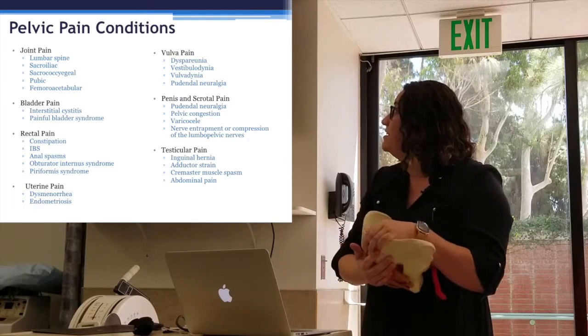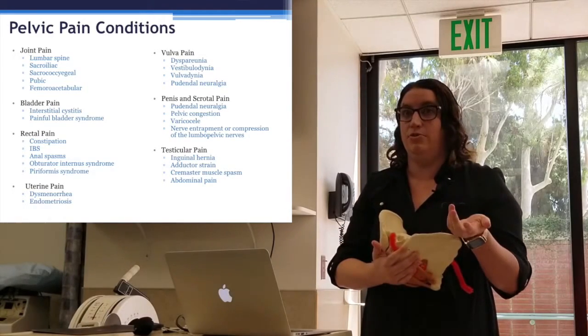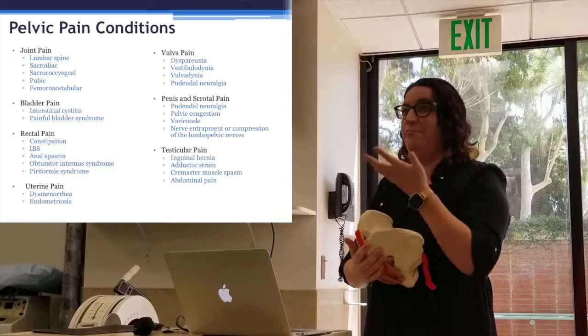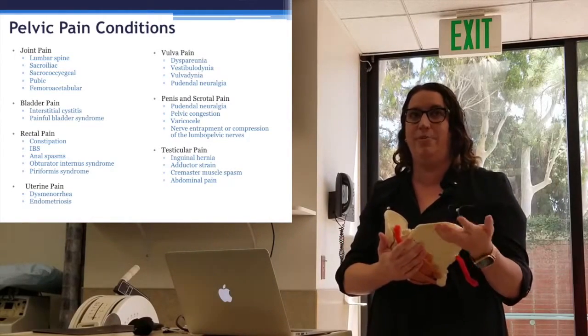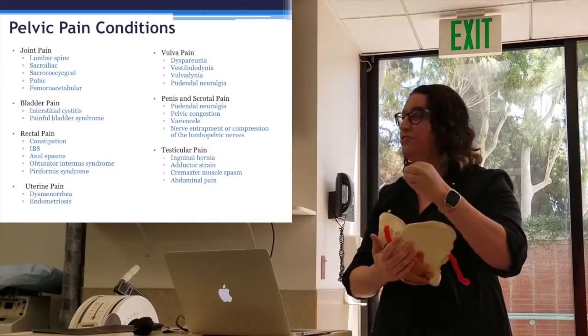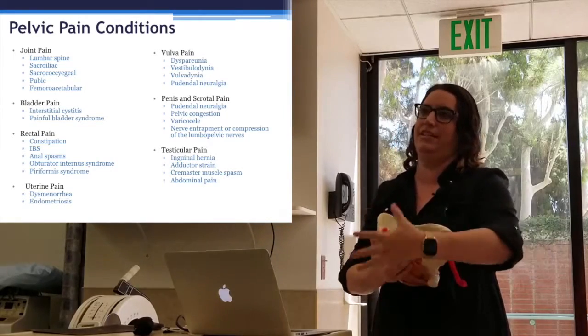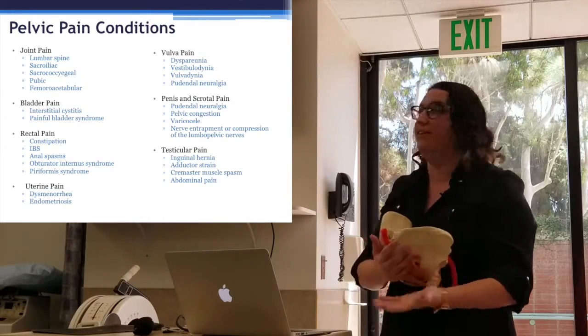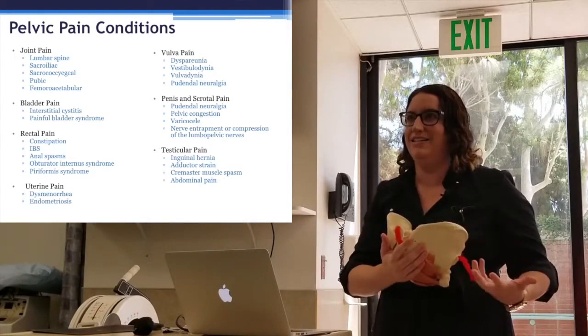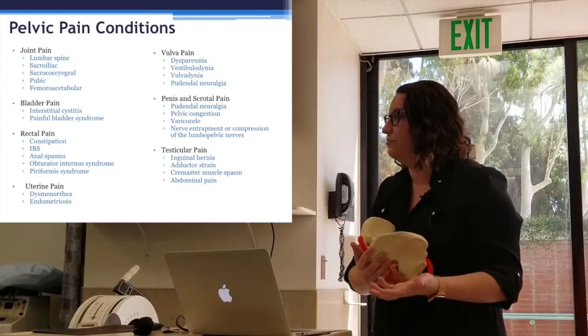With vulvar pain, we typically see diagnoses like dyspareunia, which is just painful intercourse, vestibulodynia and vulvodynia, so pain in the vestibule, which is close to the opening, and vulvodynia, which is the entire external structure of the vagina. And then pudendal neuralgia. The pudendal nerve, because it passes in that region, can present with some pain and issues.